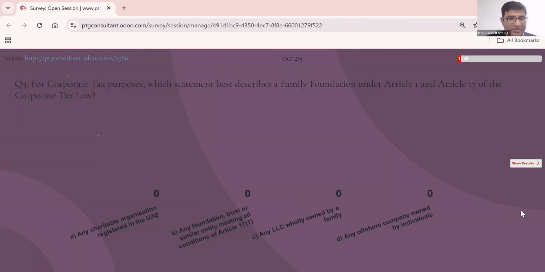I believe most of us are familiar with that. More frequently we are going to discuss Article 17, although Article 1 will be somewhere there. But the comprehensive and more relevant part is Article 17, which we are going to discuss.